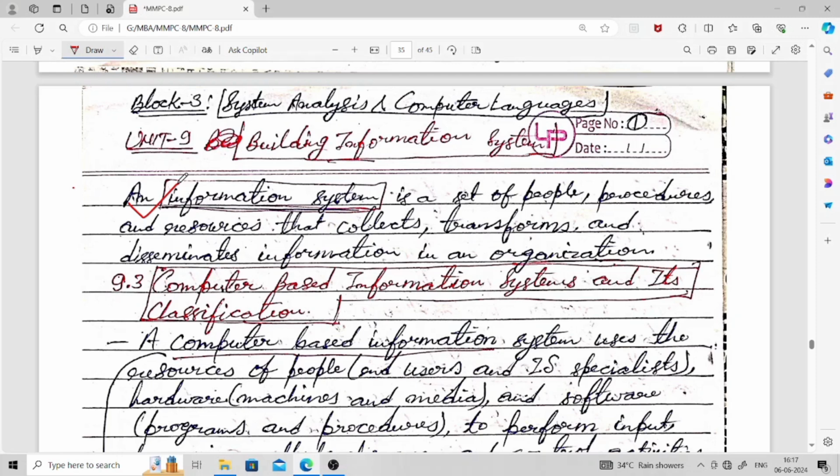In simple language we can say information system collects, transforms and disseminates information in the organization, and that is a set of people, procedure and resources.